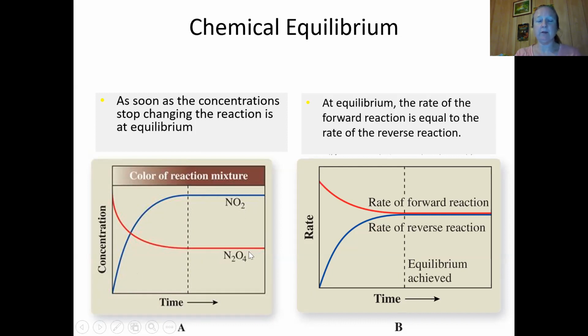It stays fixed. So yes, the rate also stays fixed. But what's important is your forward and reverse reactions are the same. Here, your concentrations are not the same, but they are both set. They are both fixed. They do not change once equilibrium is hit. So these are very important aspects to understand and remember about what equilibrium is.